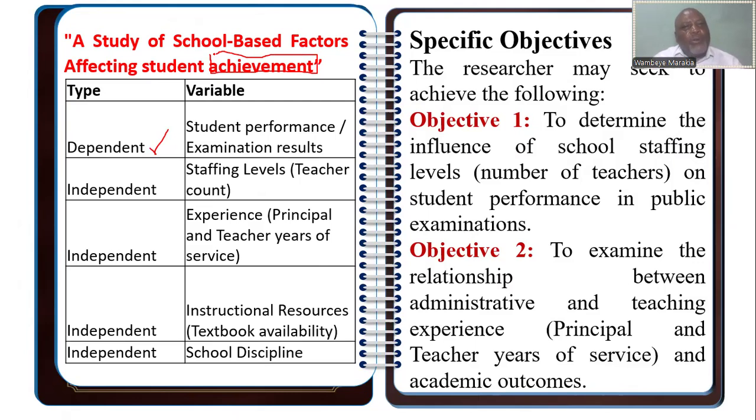So the dependent variable will be student performance, and examination results will form part of our dependent variable. And here we are talking about the school-based factors. Because we are talking about school-based factors, there are so many, but we can isolate a few which can form our independent variables.